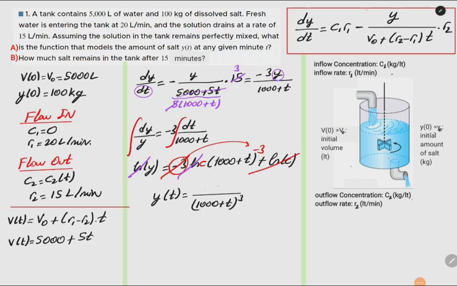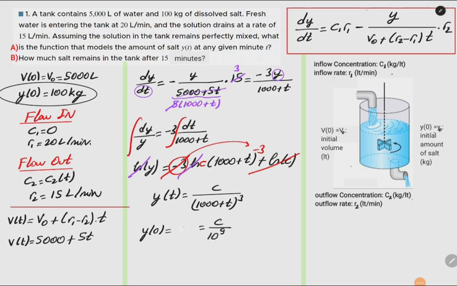And let's apply our initial condition. y(0) is equal to 100. And this is equal to, when we plug 0 in t, we obtain 1000 cubed. And 1000 is 10 cubed. 10 cubed cubed makes 3 times 3, 9. So it is c times 10 to the 9.